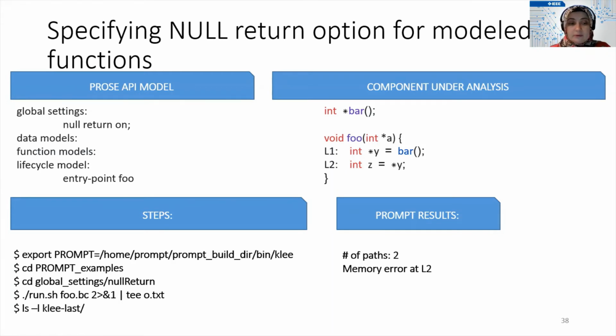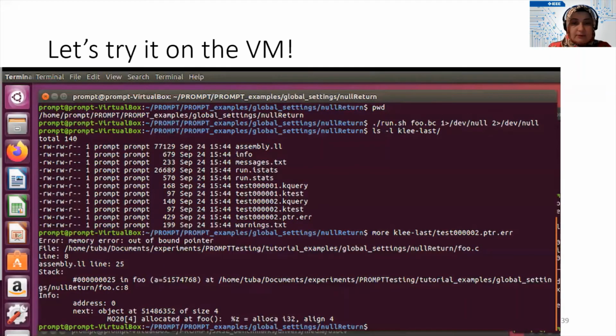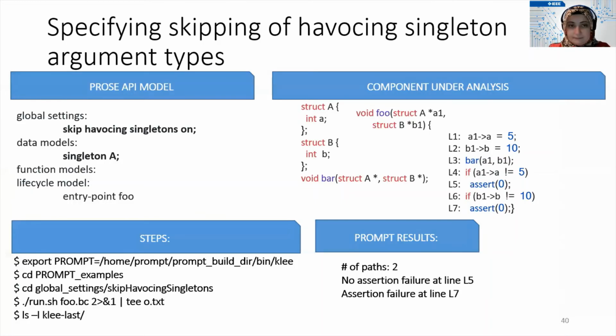So if you can go to global settings directory and then null return directory and execute this, you should see 2 test cases generated and one being a pointer error due to the null return value.